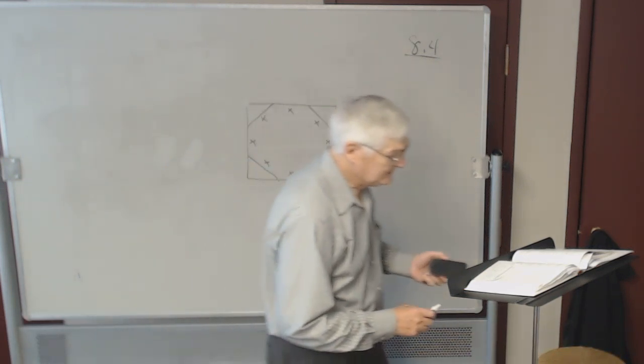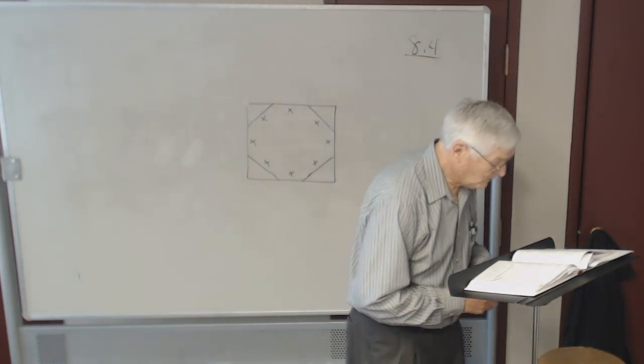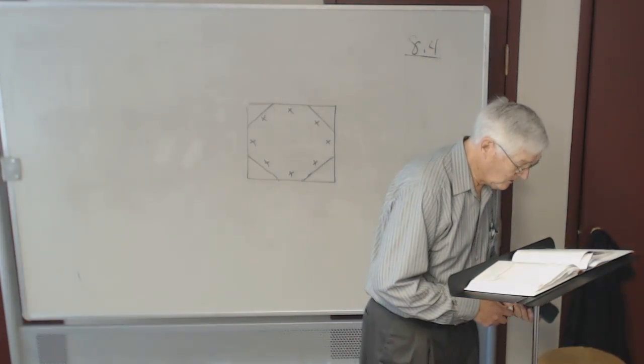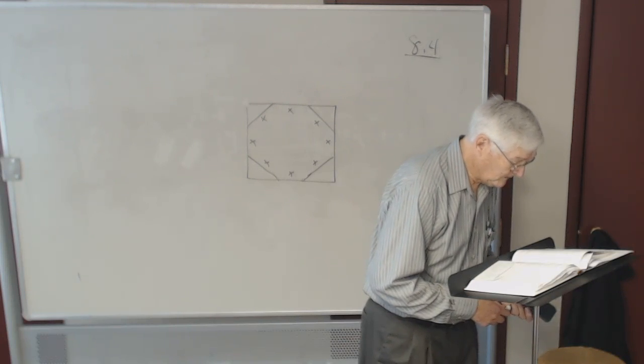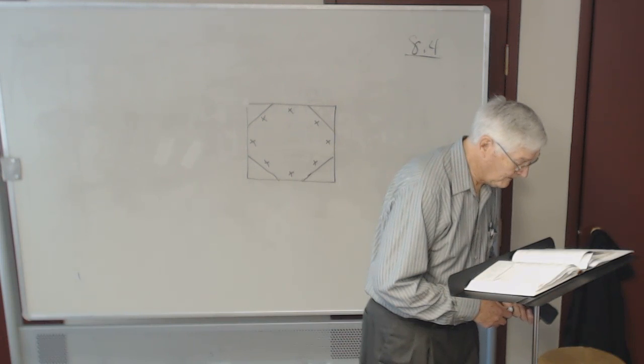Now the question is, what did I do? I cut isosceles triangles from the 4 corners of a square.